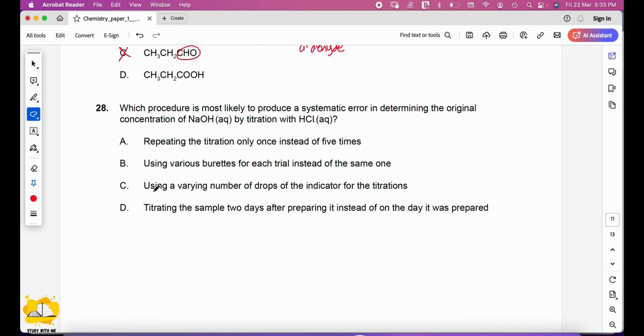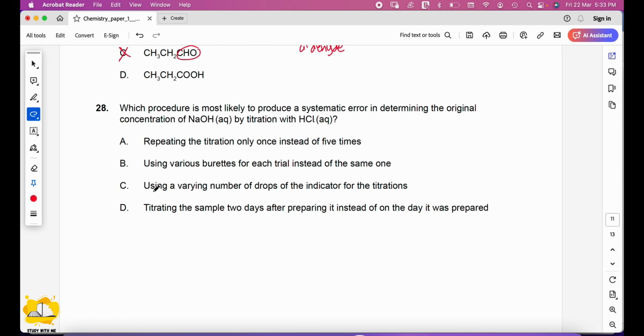Which procedure is most likely to produce a systematic error in determining the original concentration of NaOH by titration with HCl? Systematic error, as you guys know, for example, is measuring volume of water from the top of the meniscus, or overshooting the volume of liquid, or heat loss.